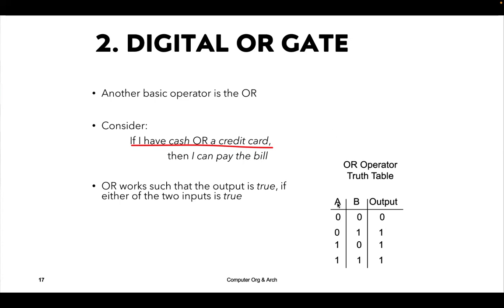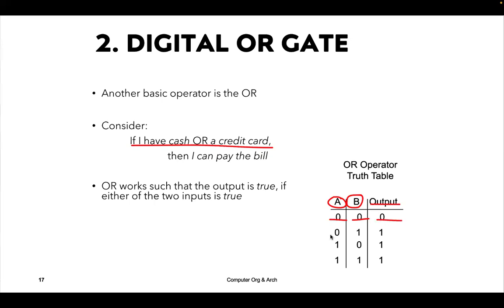So that is why you see that we have our input A and input B that are going to be used to determine the output. If I go to the supermarket without cash and I also don't have mobile money, then there is no way I can pay for the products.